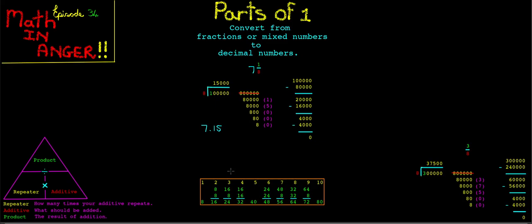Let's take a look at what happens when they give you an improper fraction. So we just erase that. What happens when they give you an improper fraction like 9/8 and tell you to convert it to a decimal value? Pause the video, work it out for yourself.